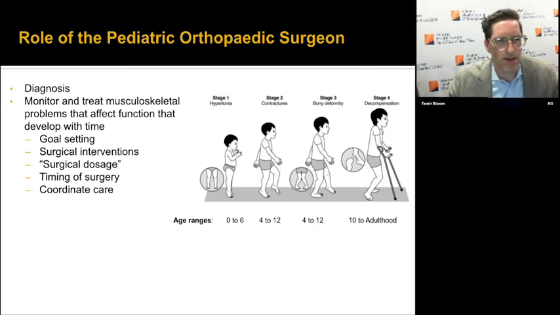What we commonly see is that a child, say with spastic diplegia, will have hypertonia and spastic muscles in their lower extremities. And as the child gets older, these will become contractures. The difference between spasticity and contractures is that when the child is asleep under anesthesia, all the spasticity resolves.